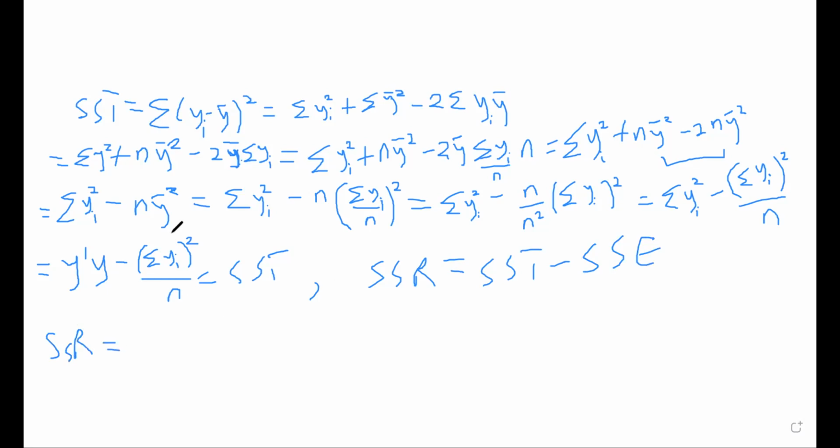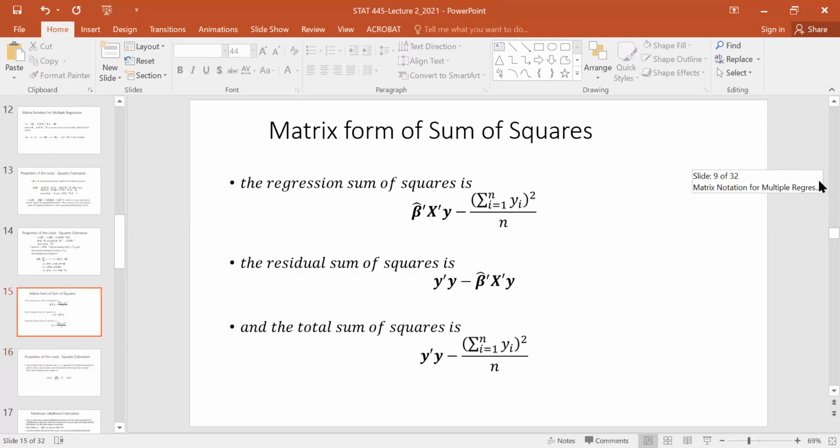Excellent. Therefore, what is SSR? It's our SST. We just got SST here: y transpose y minus the sum of y i squared over n. This is the SST. Then minus, what is SSE? We got it from the previous slide. Let me go back there and show you. It's here.